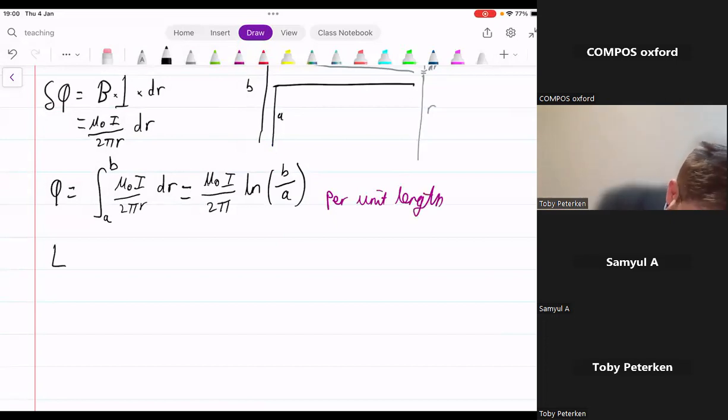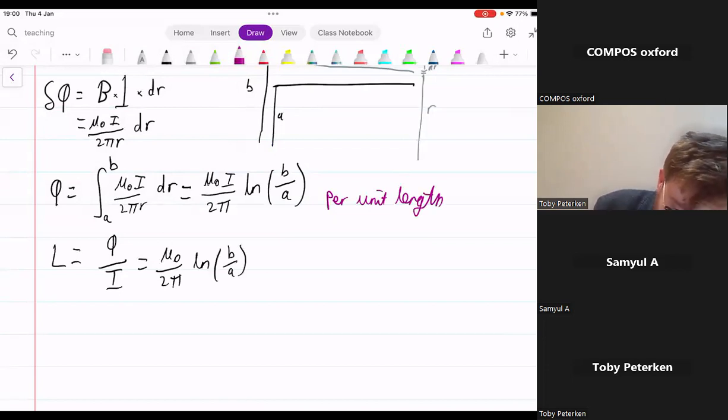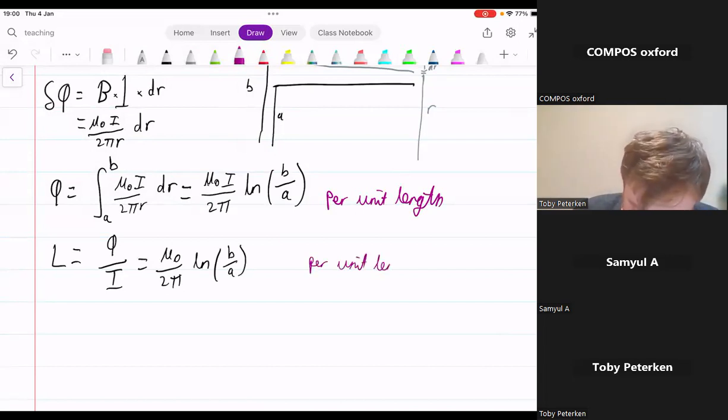So the inductance is the flux divided by the current, which is equal to mu naught over 2 pi ln B over A. And recall this is again per unit length.